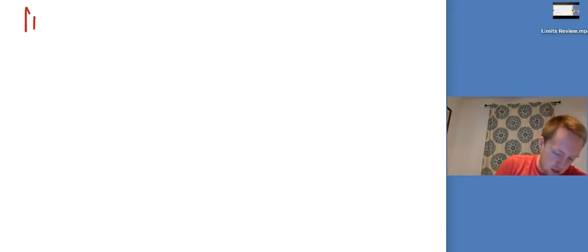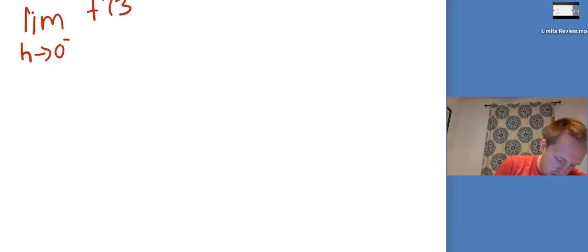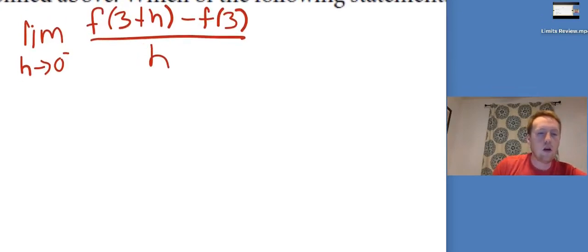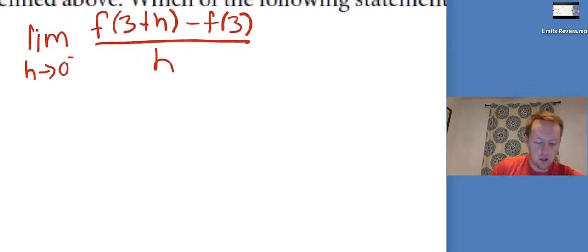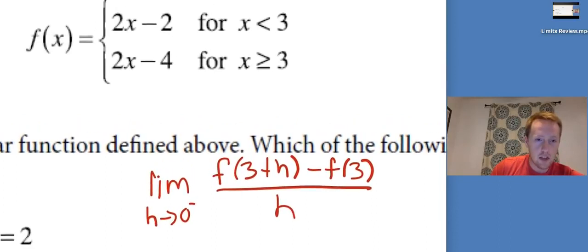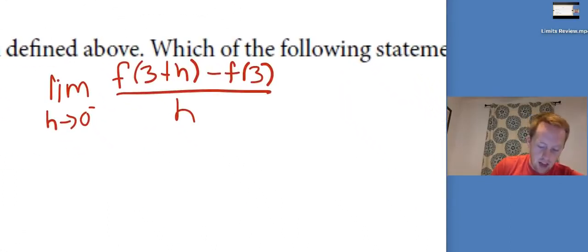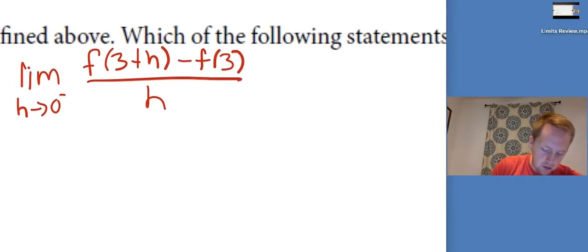So I'm going to do the limit as h goes to 0 from the left for f of 3 plus h over h. Let's look again. It's 2x minus 2 when the values are less than 3, so every time I see an x, I need to put 3 plus h.